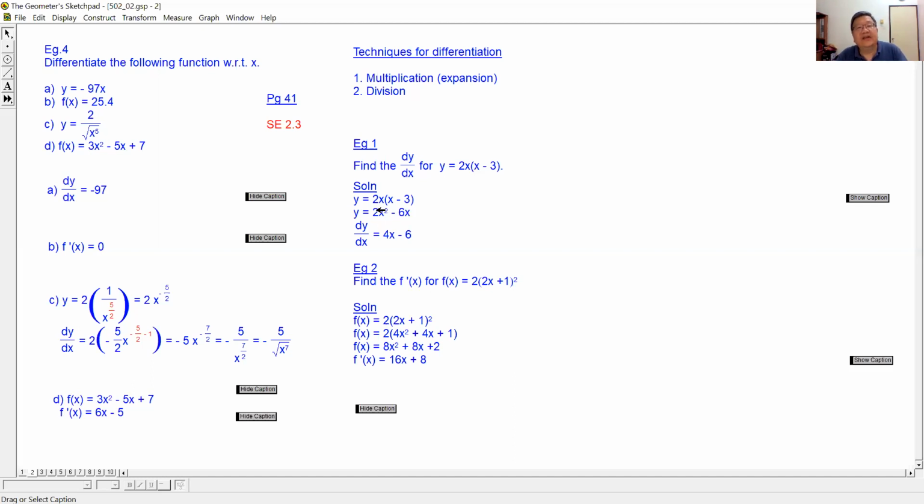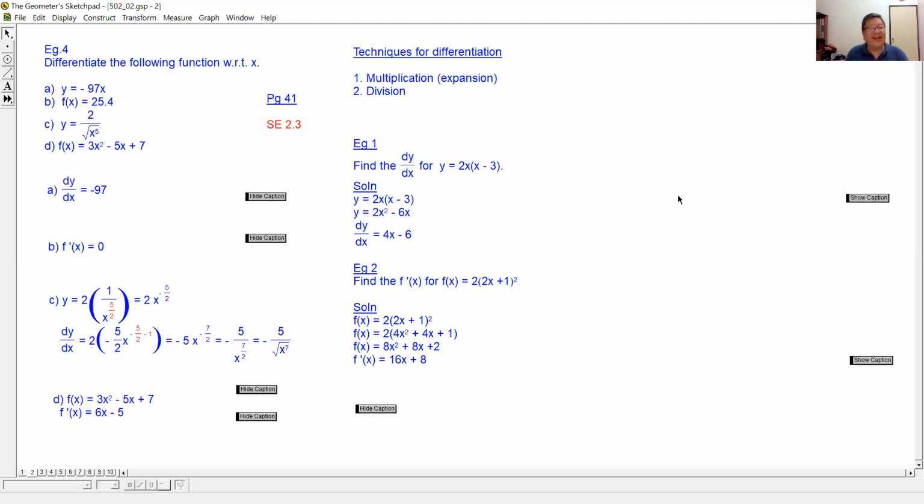Once you have differentiated this function and it becomes something like this, you can no longer call this thing y. You must call this thing dy over dx. This is very important because when I mark the exercise book, I see they just mix up everything. Sometimes they call y dy dx, some call dy dx y. Cannot.